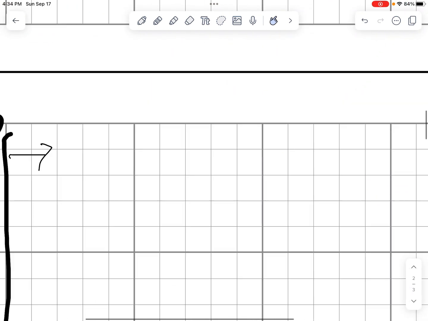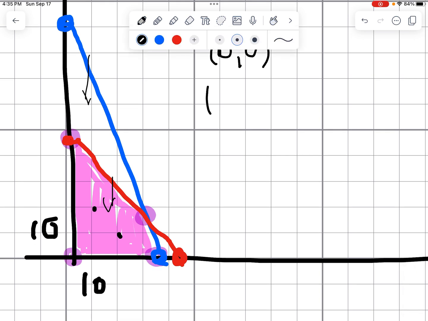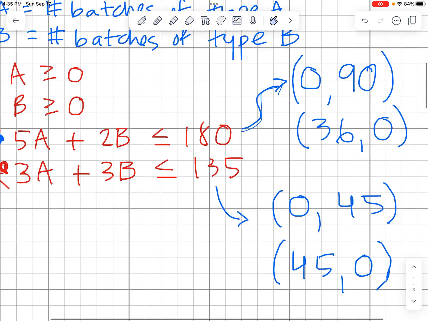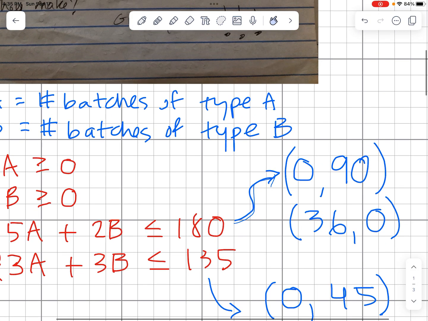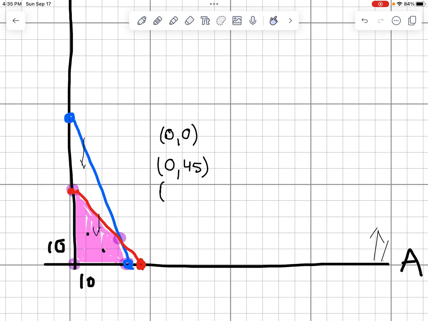So when I scroll back down, that top left one, the vertex there, must be the ordered pair 0, 45. Okay, but then the bottom right vertex was the a-intercept for the blue inequality, which was 36, 0. So I'll scroll back down and I'll list that now. 36, 0.